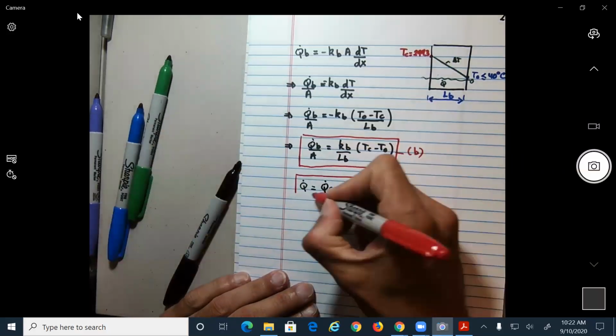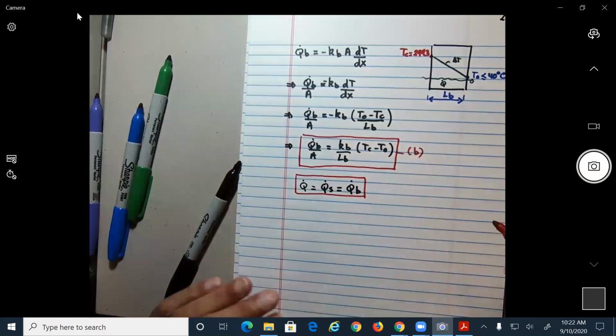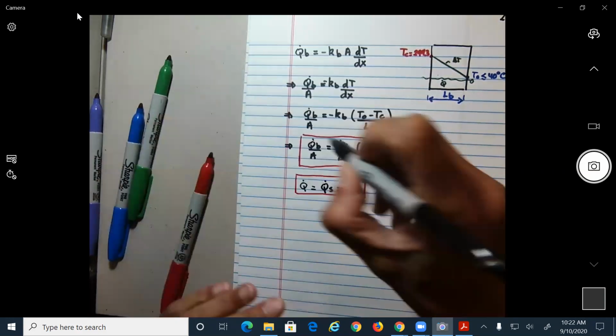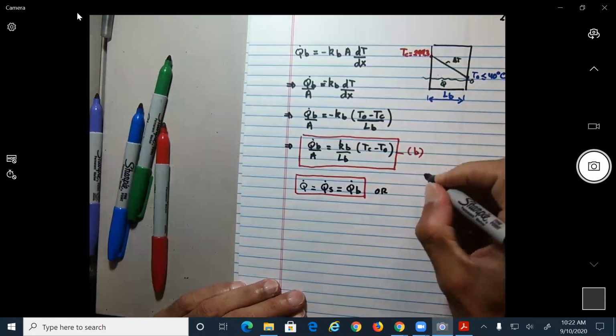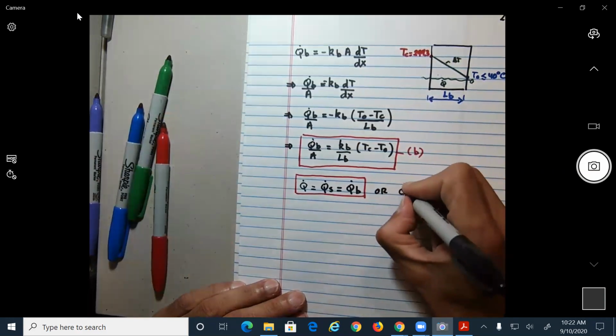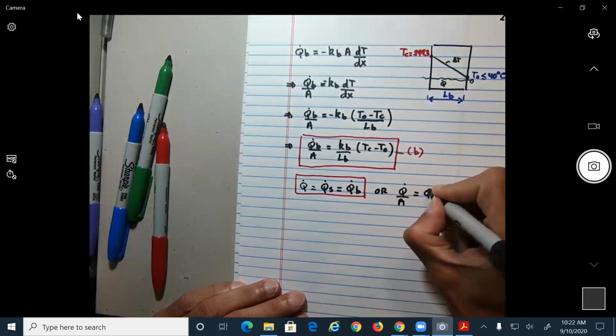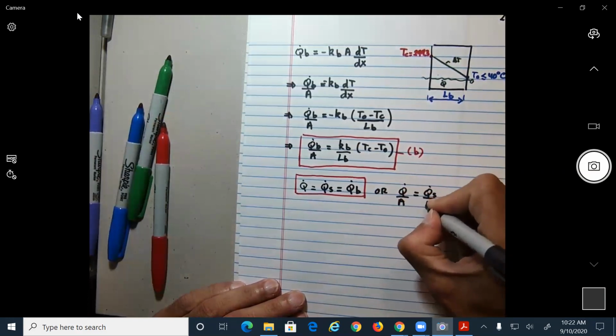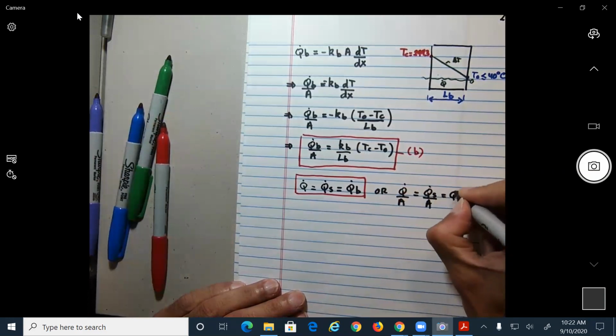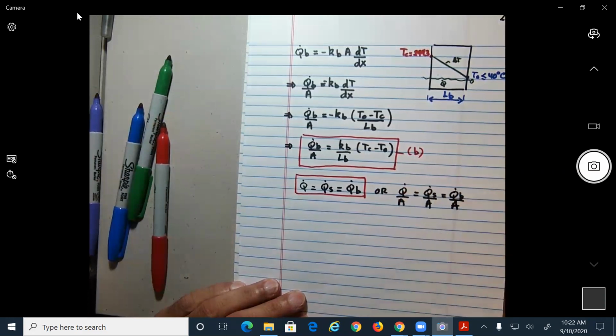If I don't see this one, you are not showing me that you understand the material. Or since all three are subjected to the same area, I could just say Q dot over A equal to Q dot going to the steel over A, Q dot of the brick over A.